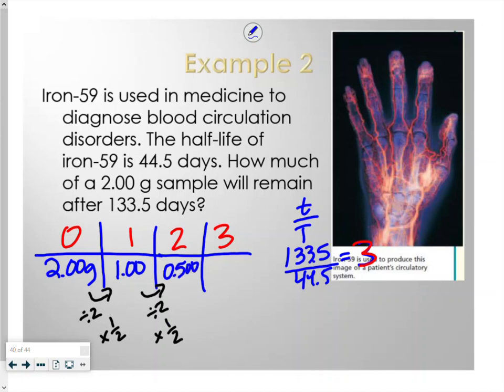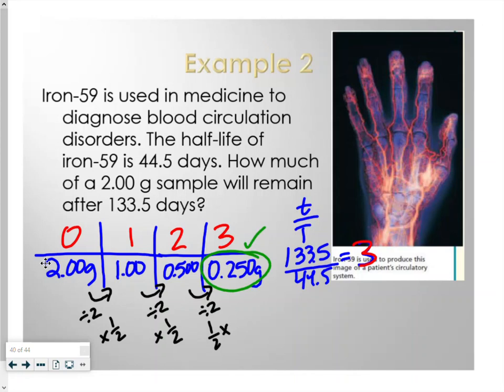I'm going to stick with 3 sig figs because that was my original mass number. And last but not least, divide by 2 one more time, and I end up with 0.250 grams. This is my amount that would remain after 3 half-lives, and that would be your final answer.